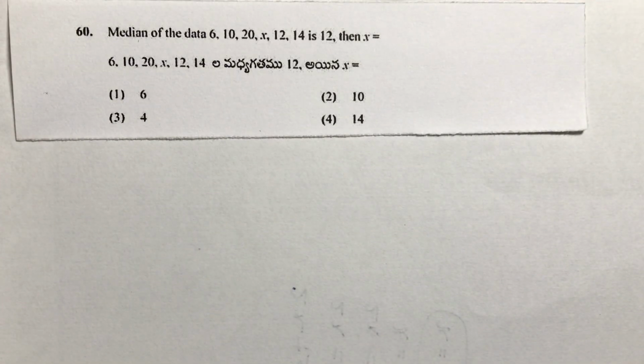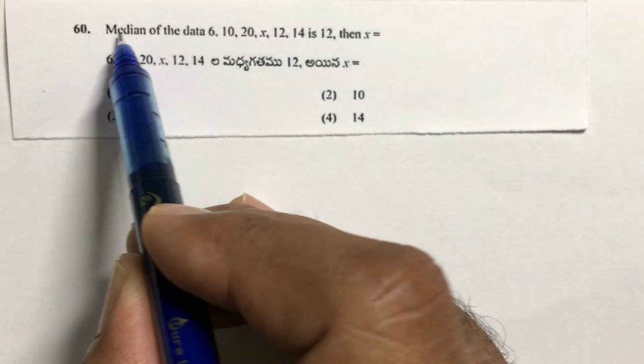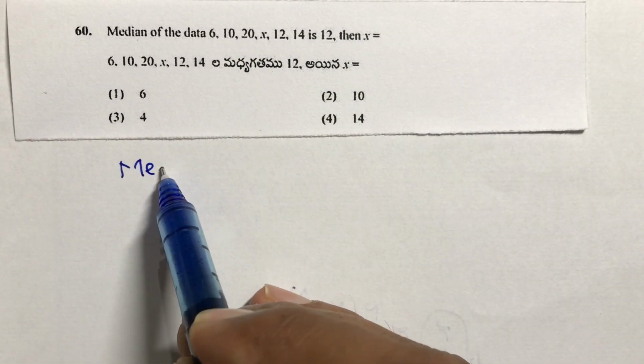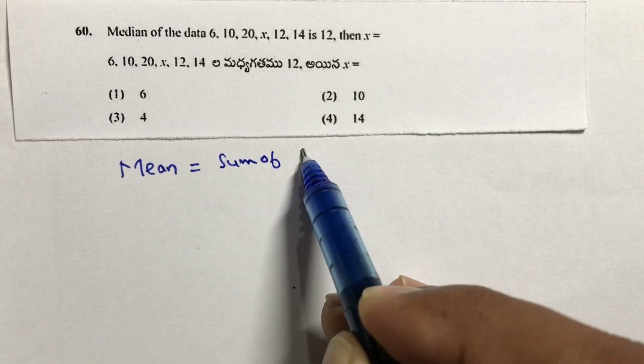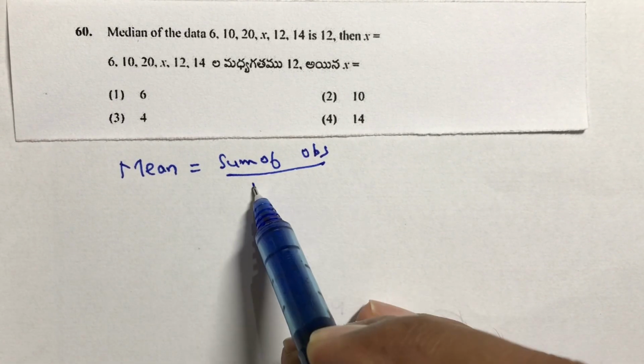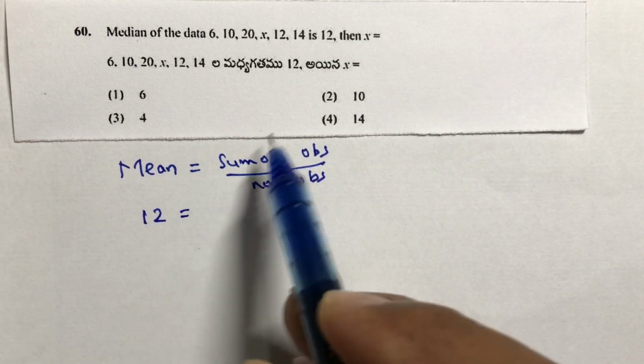Median of the data 6, 10, 20, x, 12, 14 is 12. So this question is incorrect, because if they want to find the median missing value for ungrouped data, the data should already be arranged in ascending order, but here it is not in ascending order. So the question we'll find here is mean. Mean is nothing but sum of the observations by number of observations. So mean is given 12.